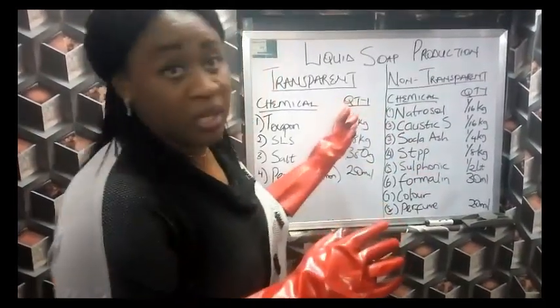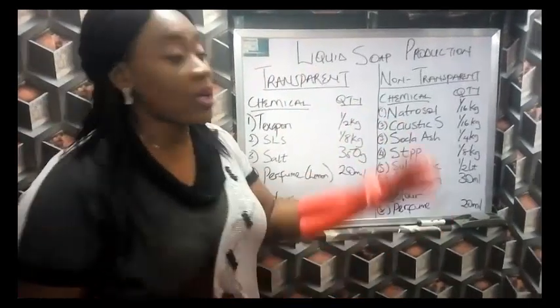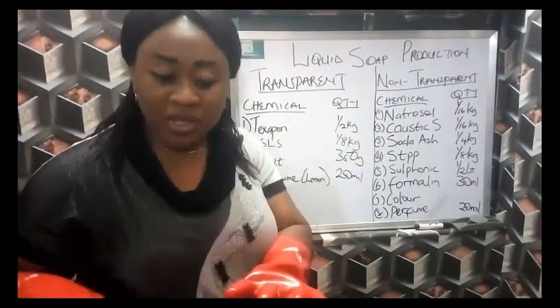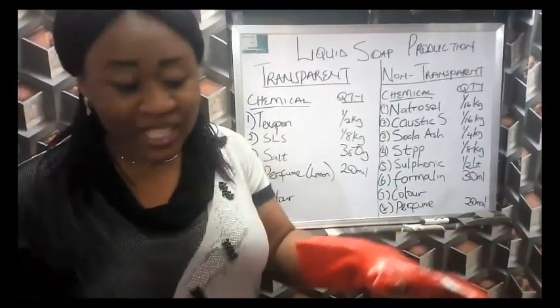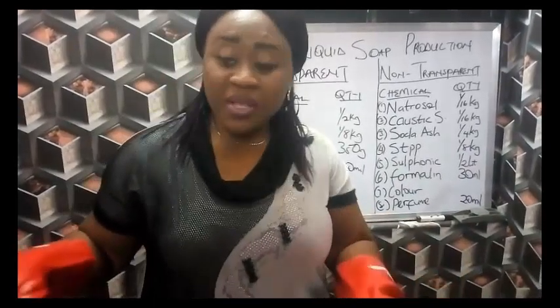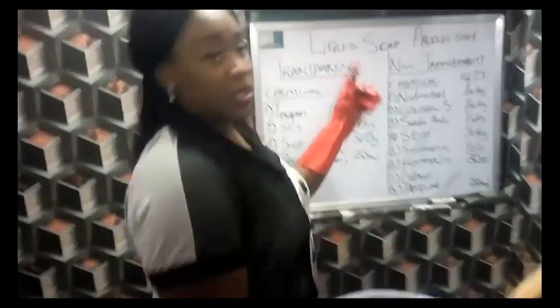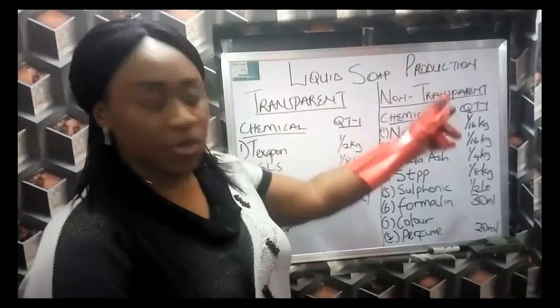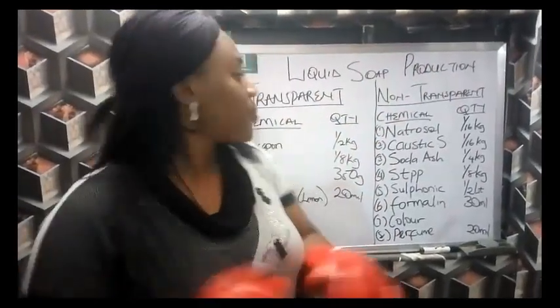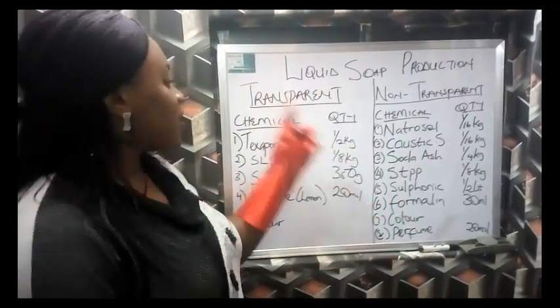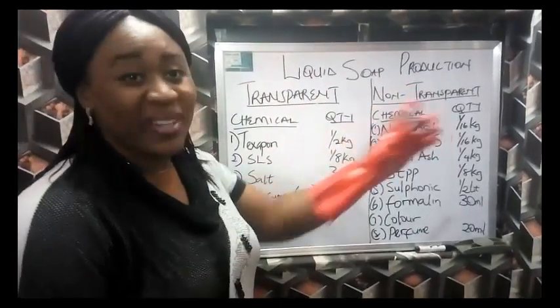So before you today is the list of chemicals and the quantities we're going to be using to make this production. We're doing 10 liters each of the transparent and non-transparent kind of liquid soap.